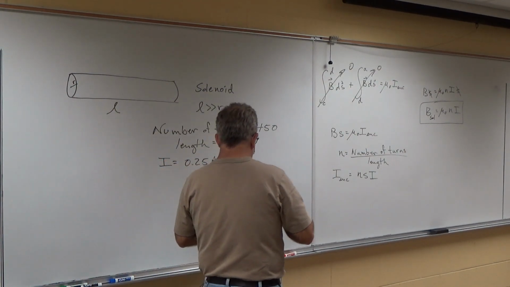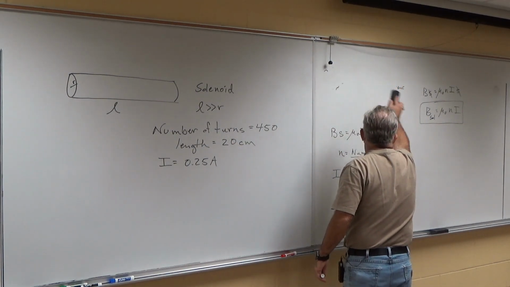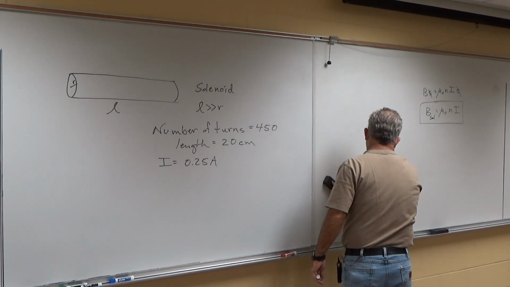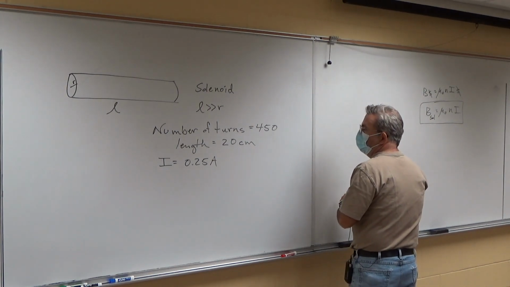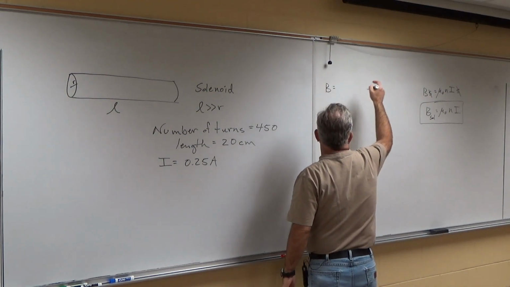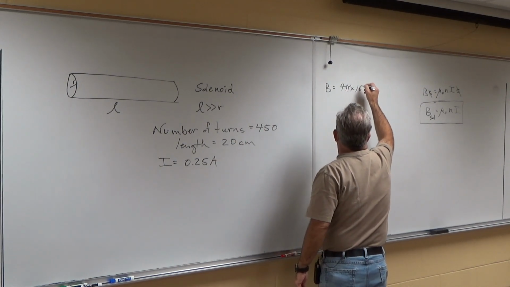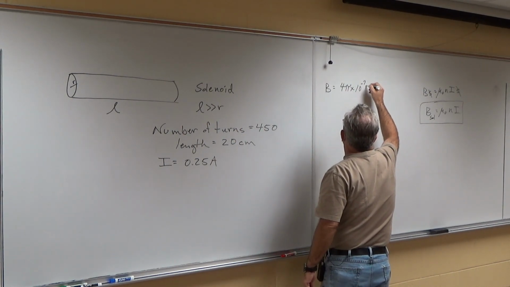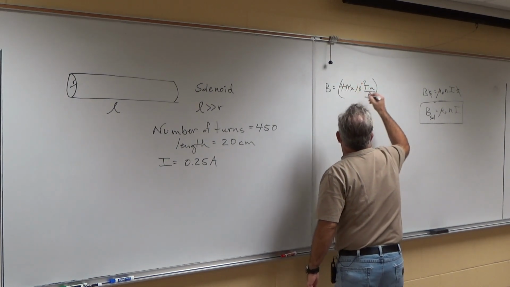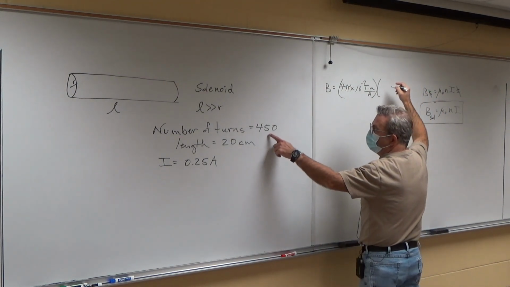So what kind of field? I'm calculating B sol. That should be on your equation sheet. So B is equal to mu naught, 4 pi times 10 to the negative 7 Tesla meter per amp, times number of turns per unit length.